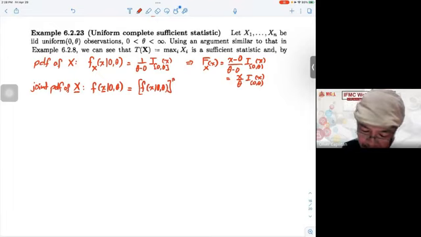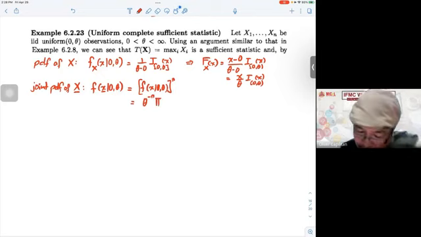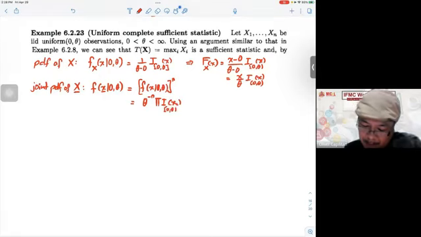Or we can have theta to the negative n, and then the product of the indicator functions of x sub i in 0 to theta, i from 1 up to n.